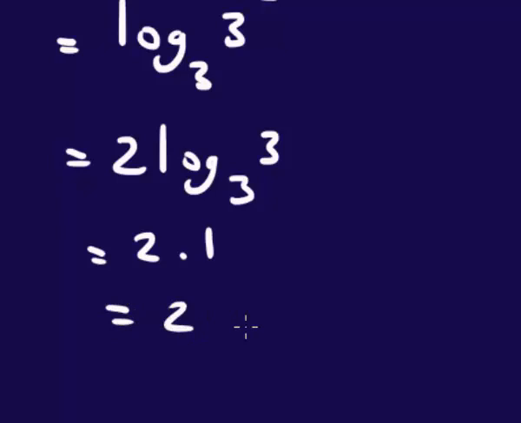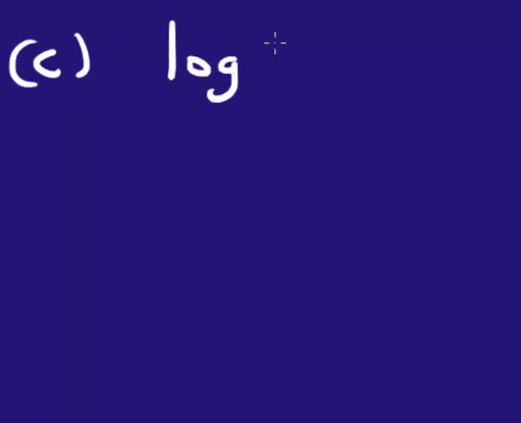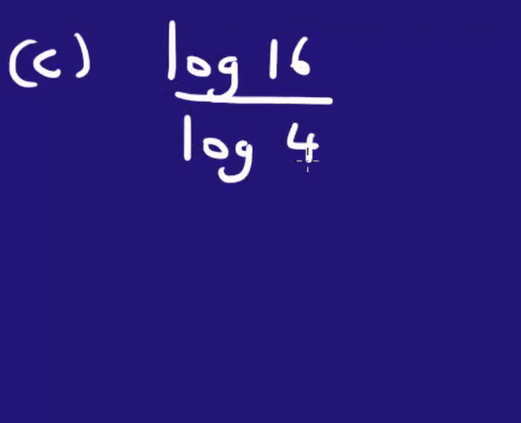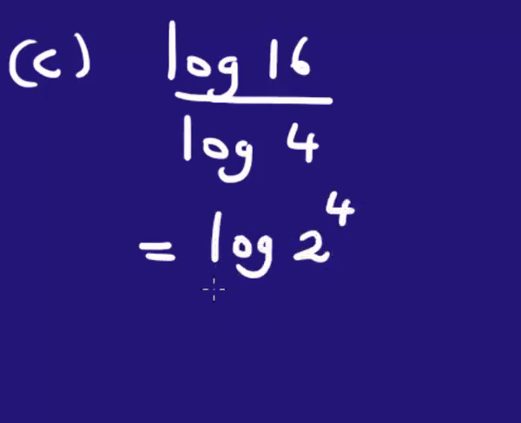What a pleasure. Let's look at a few other types quickly, and then we'll get into the change of base rule as well. Another one, number C. What if you had something like log of 16 divided by log of 4? The best way is to think that 16 could be 2 to the exponent 4, since 2 to the 4 is 16.